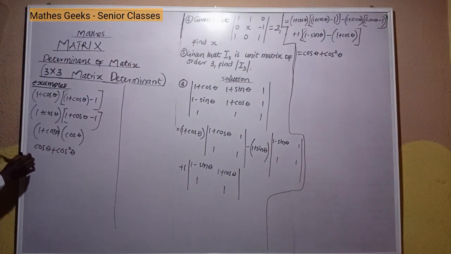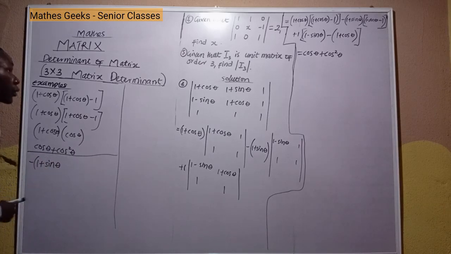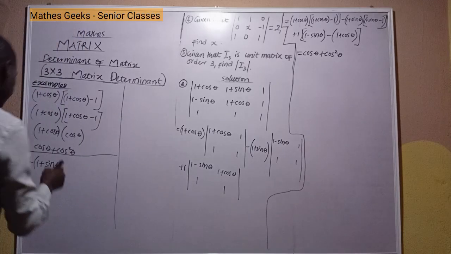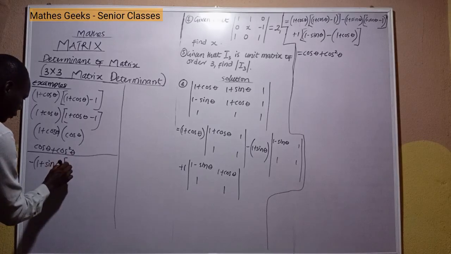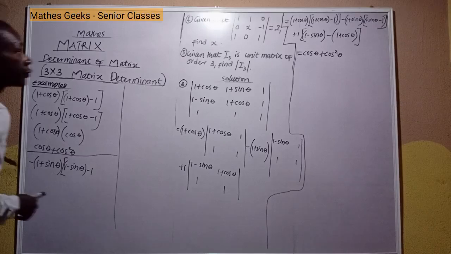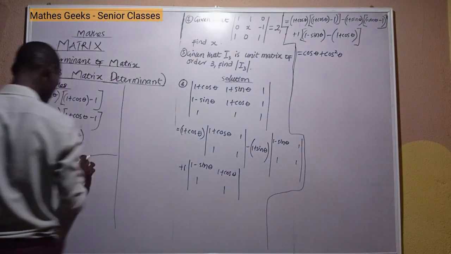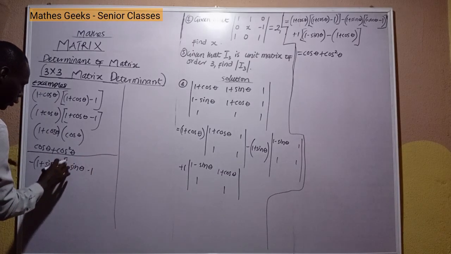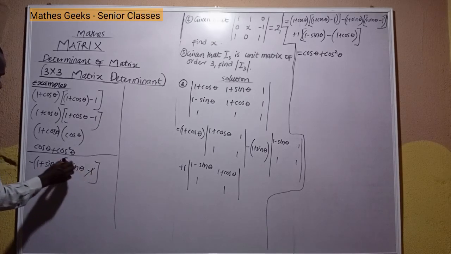The next is, let's evaluate here, minus, and this is out, minus 1 plus sin theta, 1 minus sin theta, minus 1, minus sin theta minus 1. Okay, already opened the bracket, so same thing. This plus minus will cancel.